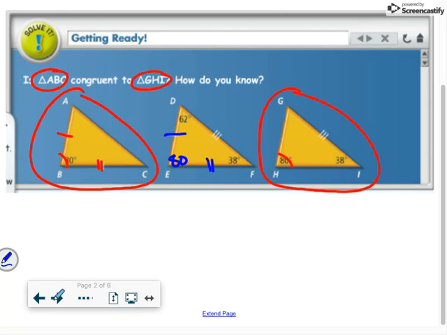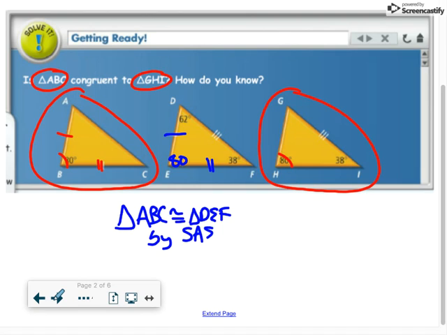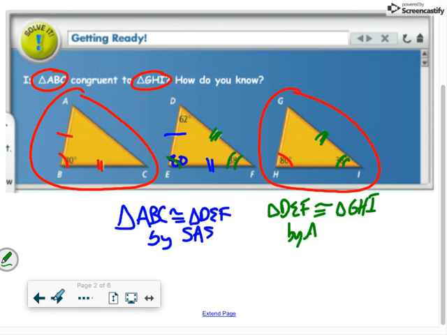So what we have in these two is that triangle ABC is congruent to triangle DEF by side angle side. The middle one is also going to be congruent to the right-hand one. I have an 80 and an 80, a 38 and a 38, two angles and a pair of sides. So that would mean that triangle DEF is also congruent to triangle GHI by angle, angle, side.